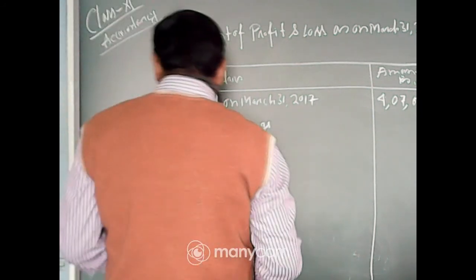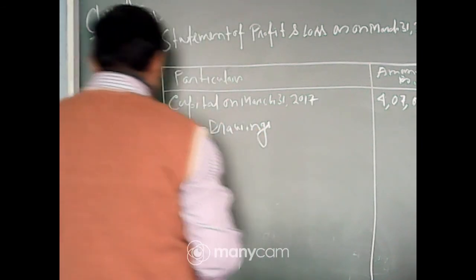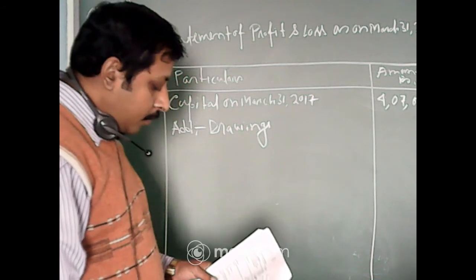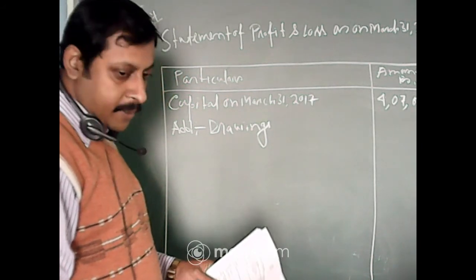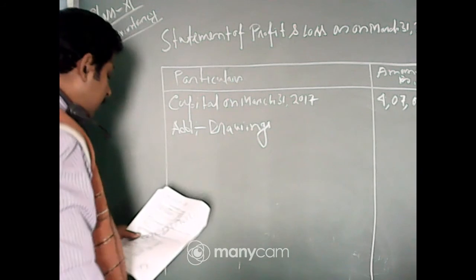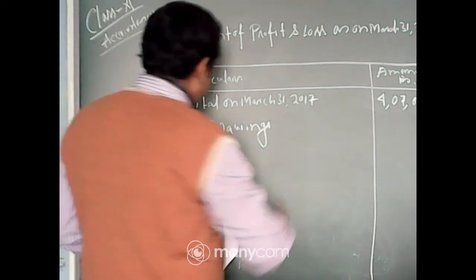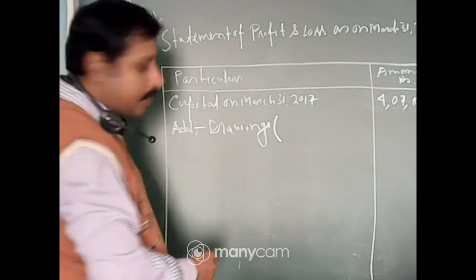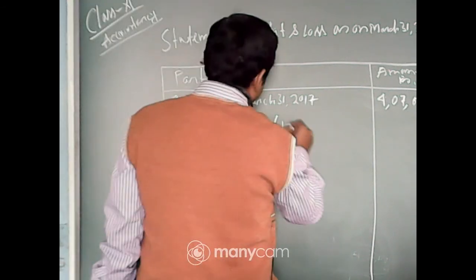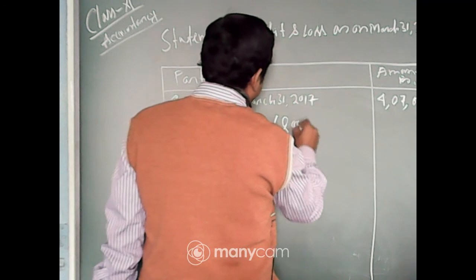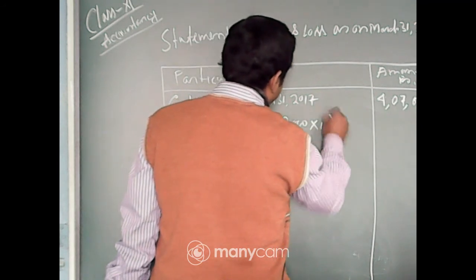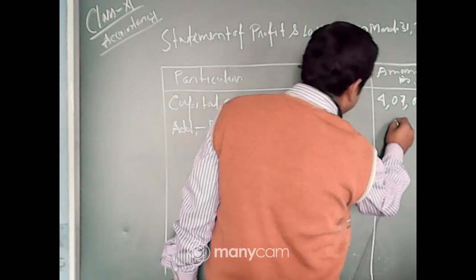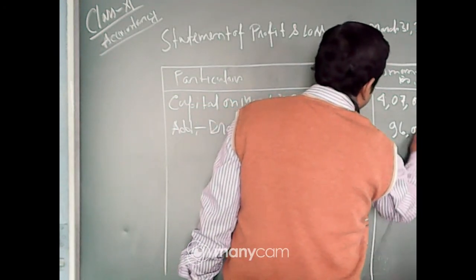Now drawing, here you can see he withdrew rupees 8,000 per month for his household purpose. So 8,000 per month. We are calculating the profit for the whole year, not for a month, so 8,000 multiplied by 12, what will become? That is 96,000. So that you have to put here.